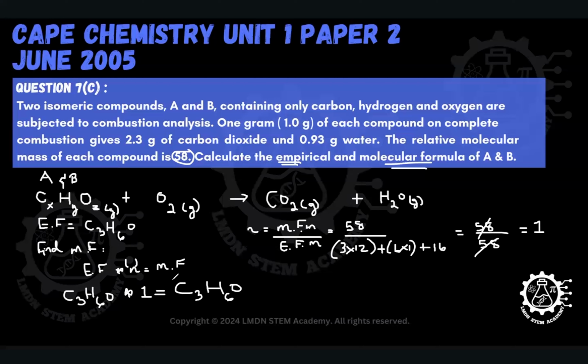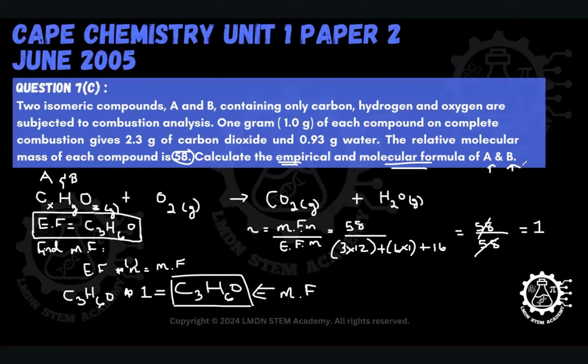That's our molecular formula, and this is our empirical formula, and they're exactly the same in this instance. And remember, this formula that we just got for both our empirical and molecular formula applies for both A and B because they're isomers of each other.